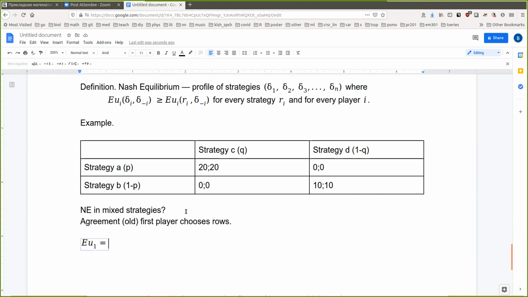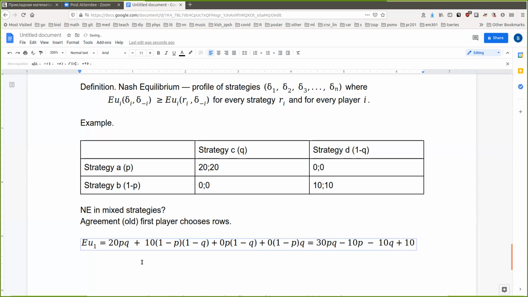So the expected payoff is 20 times PQ plus 10 times (1 minus P) times (1 minus Q), plus 0 times P times (1 minus Q) plus 0 times (1 minus P) times Q. If I simplify this expression, I will get 30PQ minus 10P minus 10Q plus 10.